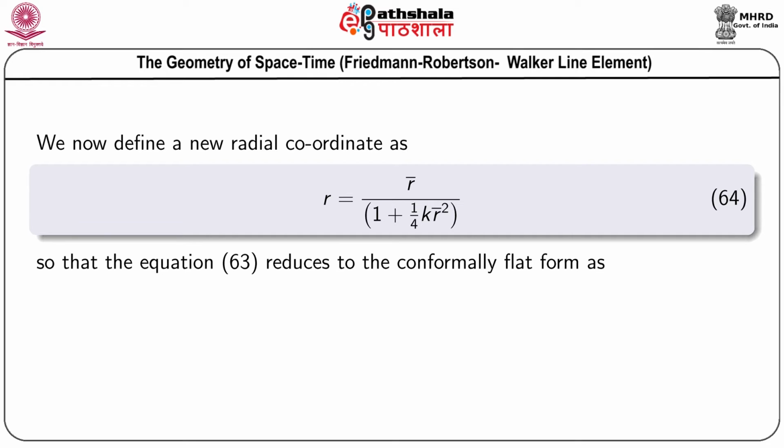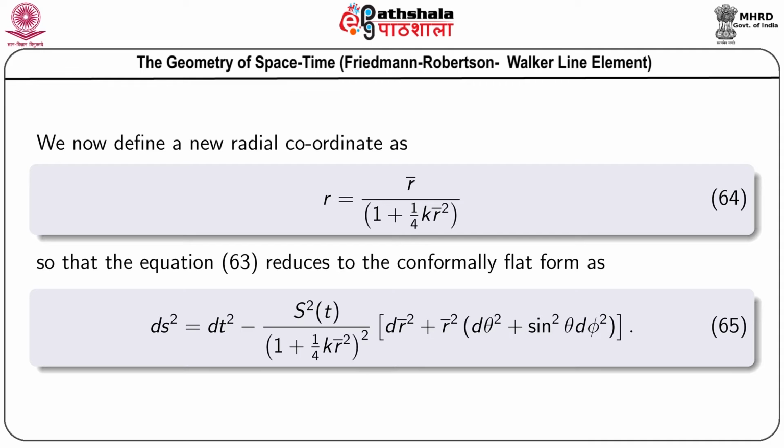We have known earlier what is conformally flat space. So, the line element for that form will be this one: ds square equal to dt square minus a square t by 1 plus 1 by 4 k r bar square whole square, and the last portion in the third bracket.